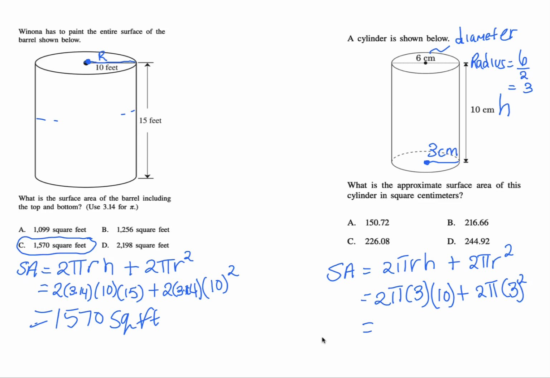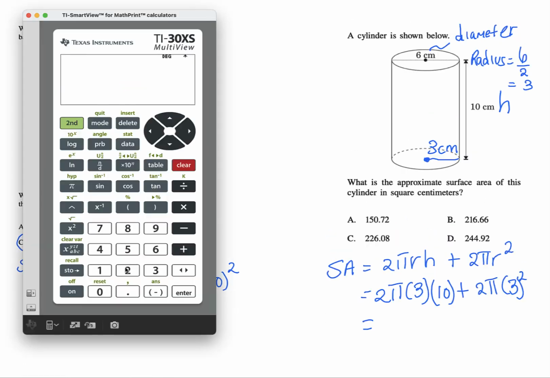Equals, get your calculator, open your parentheses, you have 2 times pi times 3 times 10 plus open your parentheses again, 2 times pi times 3 squared, close your parentheses, you hit enter.